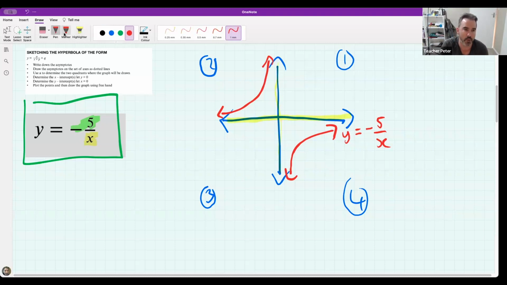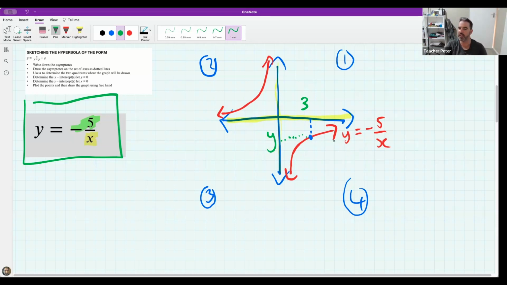Now, for bonus points, I want to know a point on the hyperbola, and I'm going to give you an x value, and that x value is 3. Can you work out for me the y value that goes with the coordinate where x is 3 for this graph?